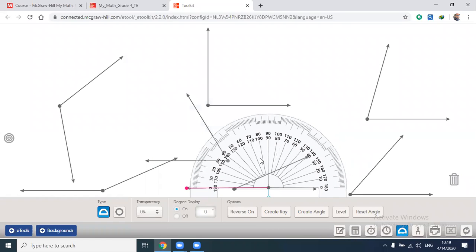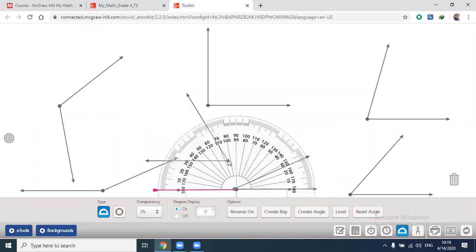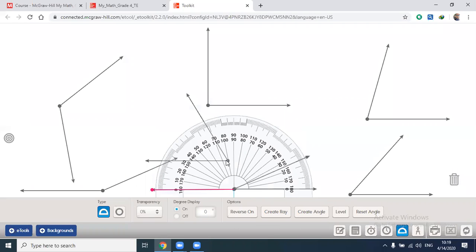Here I have this angle. I can place the center of the protractor on the vertex of the angle, and place zero on one of the sides of the angle. Then count from this side from 0 to reach the other side to know the measure of the angle. 0, 10, 20, between 20 and 30, this dash means 5, so 25.